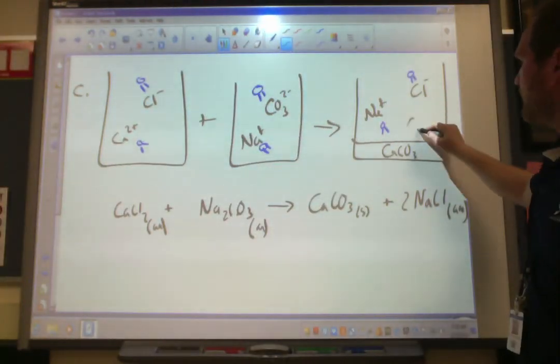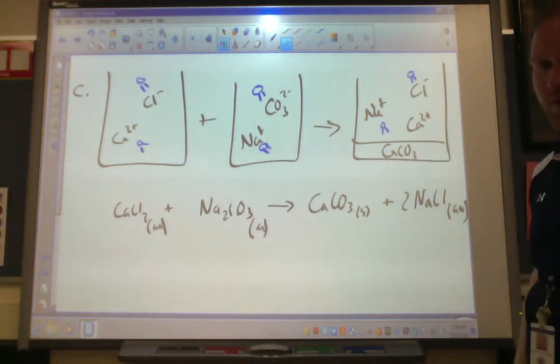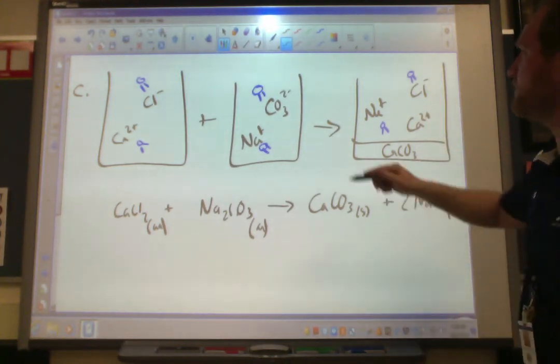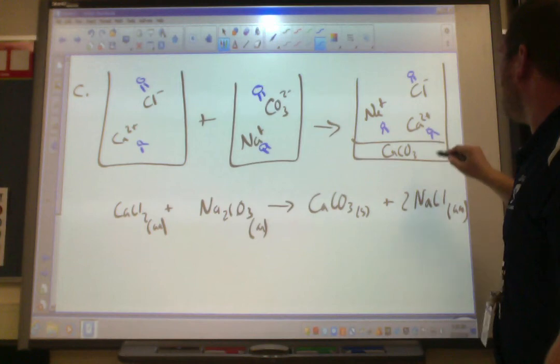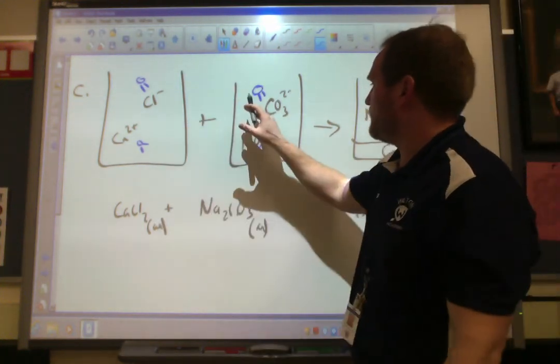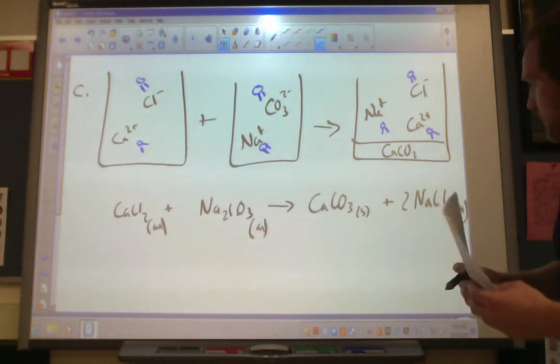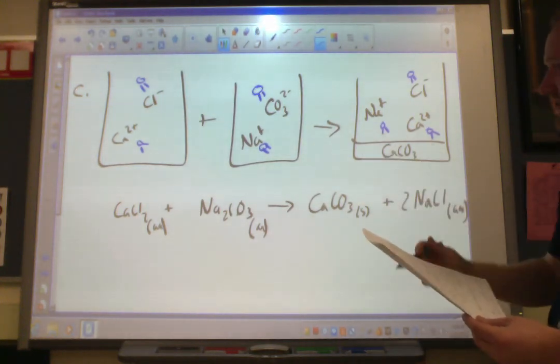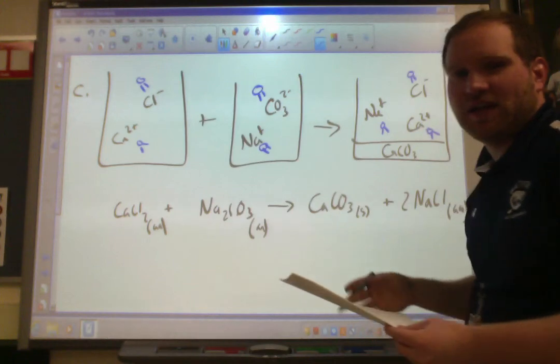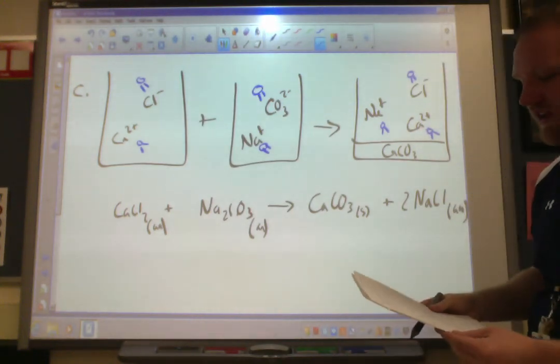So I already have the chloride, let's add the calcium. With a little bit more planning, I would have made it so that it was the other way, but you get the picture. Obviously, if this was the limiting and this was the excess, we would have carbonate floating around in here. Okay, so that's my reaction. You could add more waters if you'd like, and at the bottom, you could write that statement about the law of conservation of mass is not followed.